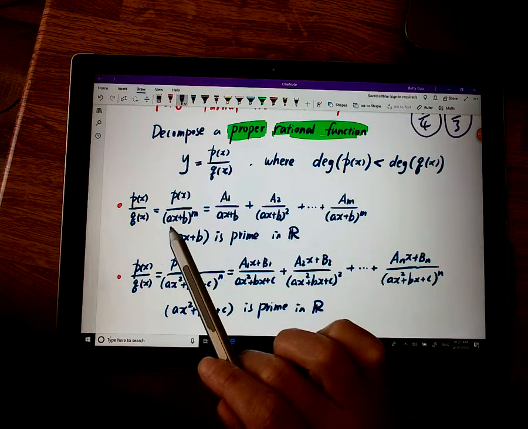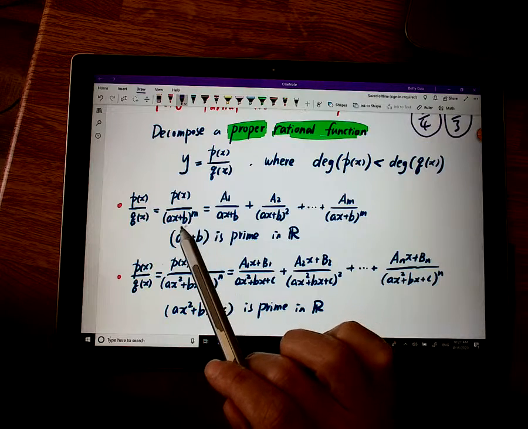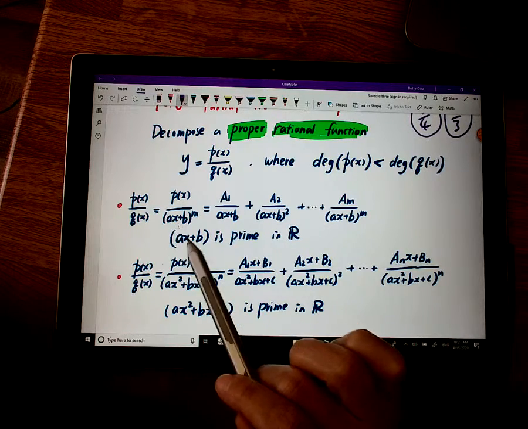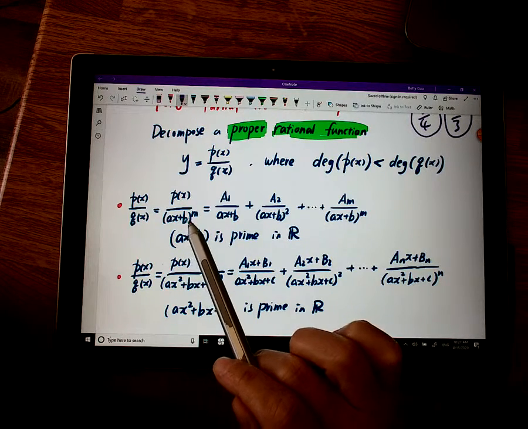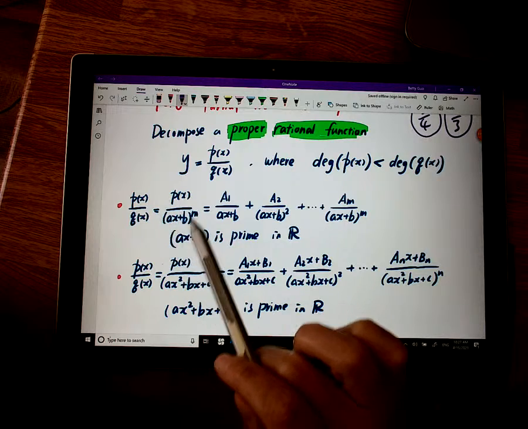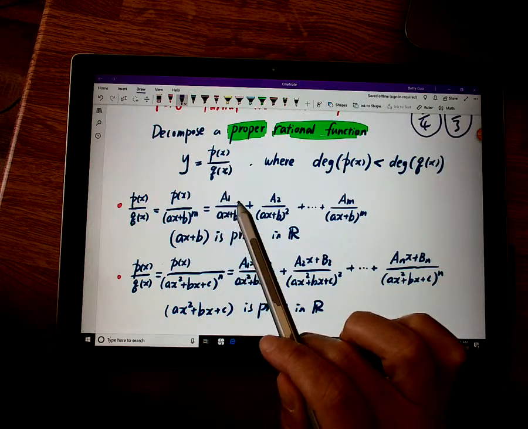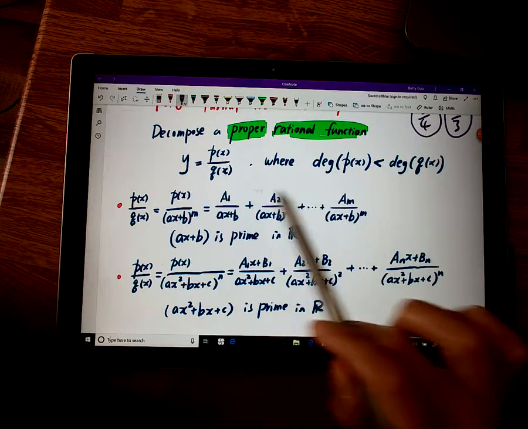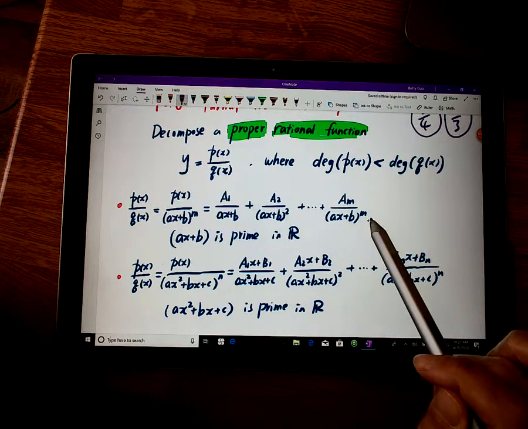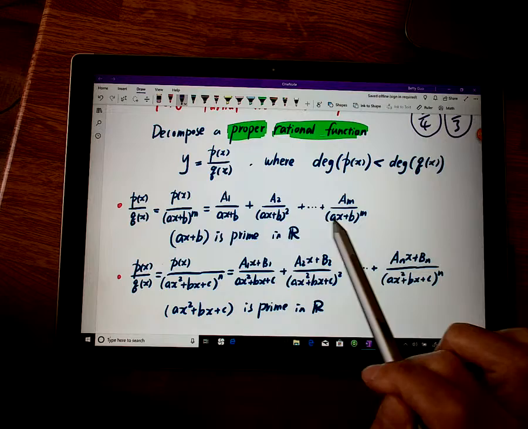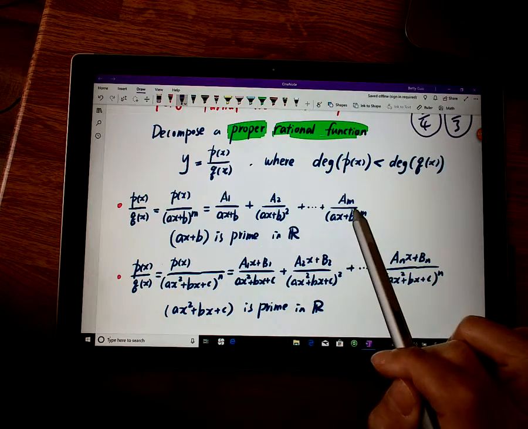If the denominator of the rational function is the mth power of a prime binomial, then we are able to decompose the rational function as a sum of rational functions, and each of them has a constant numerator.